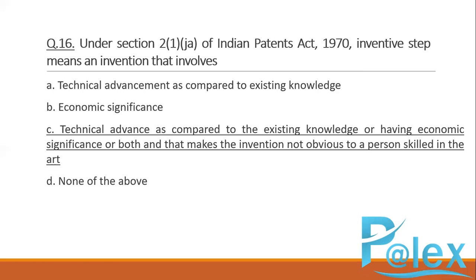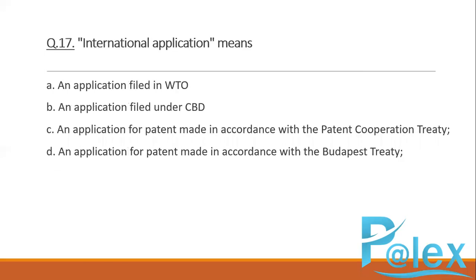The person skilled in the art is the person who has a general knowledge about that technology basically. So for example, if the invention is related to fertilizer composition, a person who has understanding of the fertilizer compositions, a scientist, not an IP guy, would be working as a person ordinarily skilled in the art in that case.